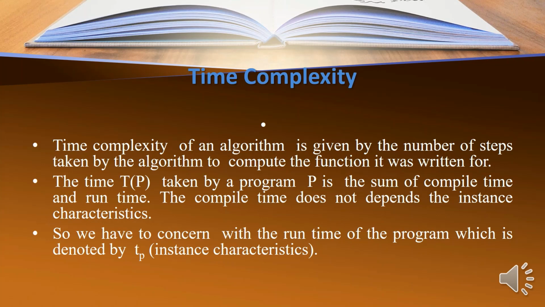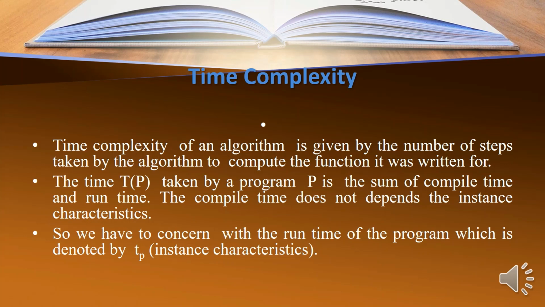So, T of P for any problem is the sum of compile time and run time. The compile time does not depend on the instance characteristics. Normally, compile time is independent, and we have to concern ourselves with the runtime of the program, which is denoted by small tp.